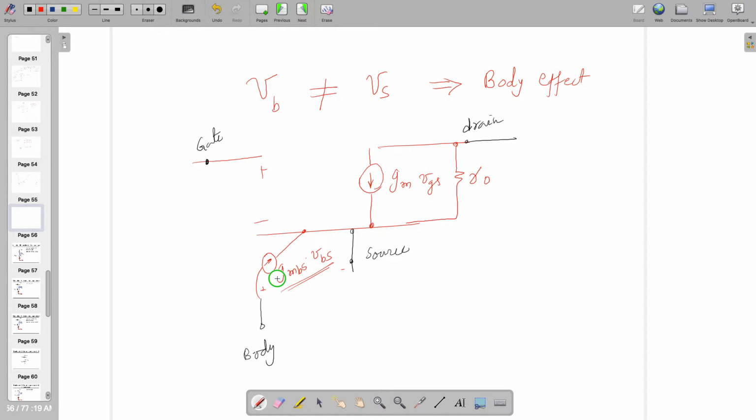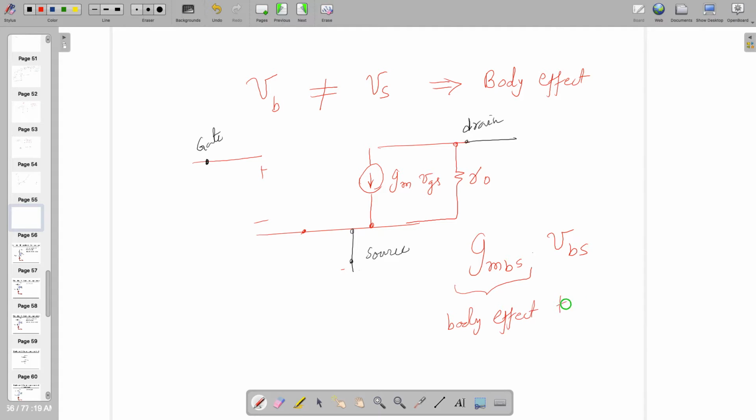For understanding circuits, you just have to understand that if body and source are at different potential, you are going to see some extra current whose value is GMB times VBS. This is the current. This is known as body effect transconductance.